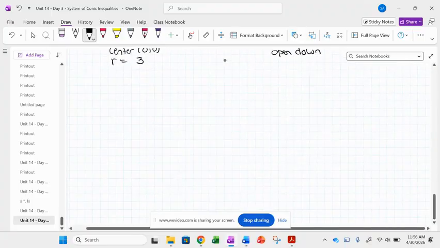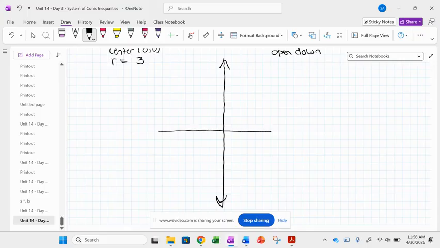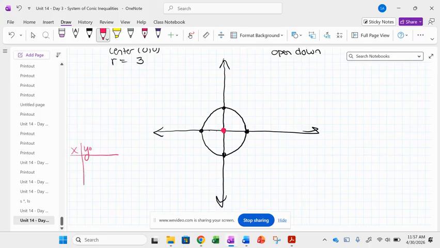All right, so let's get to sketching. So circle center 0, 0, we're up 3, down 3, right 3, left 3. And now I know I have a parabola with a vertex of 0, 0 that's opening down. It would be really helpful to get 2 more points. So in order to get 2 more points, I'm going to plug in for X and find the corresponding Y. So Y is equal to negative X squared.